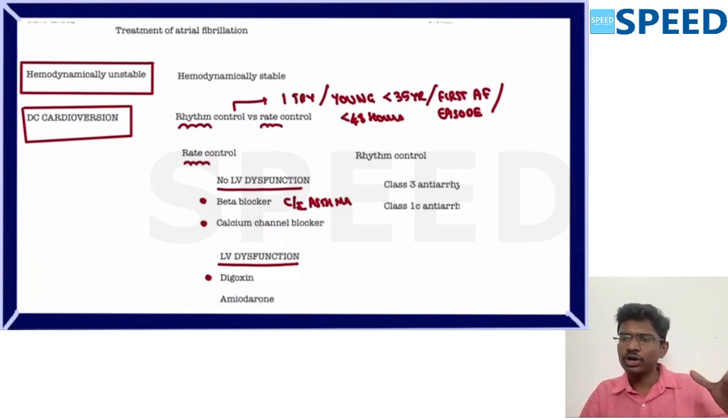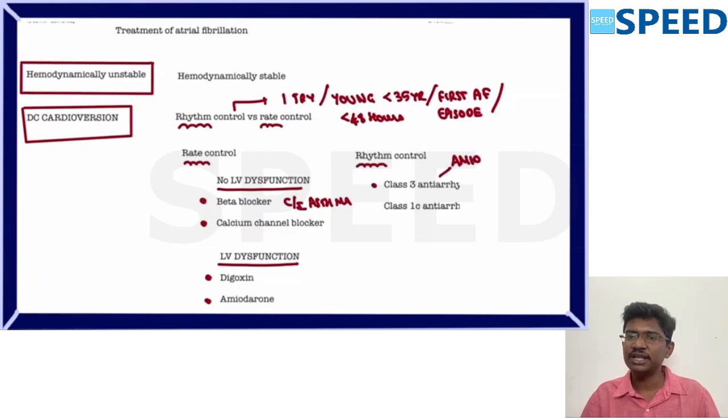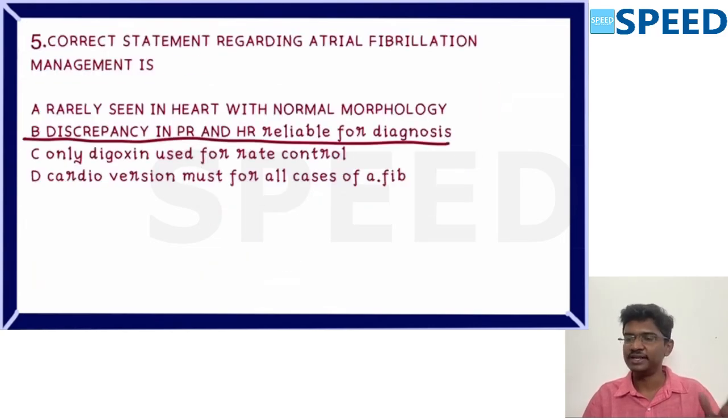If there is any contraindication to beta blockers, like patient is in case of asthma, COPD, they prefer calcium channel blocker, or cardioselective beta blockers like bisoprolol can be tried. Next is rhythm control. Agents for rhythm control are class 3 as well as class 1C antiarrhythmics.